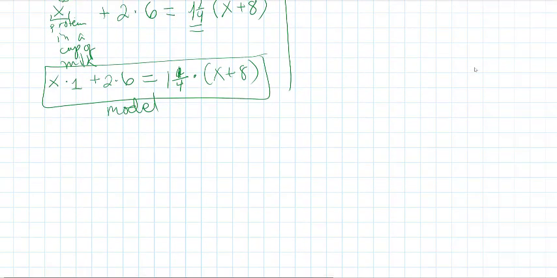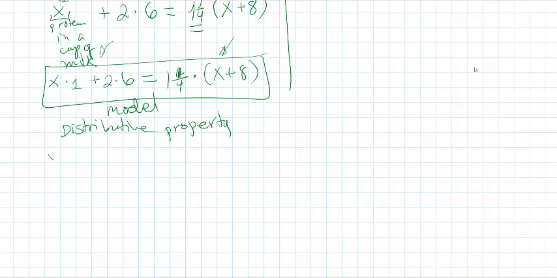It doesn't look that complicated, but it does have the variable on both sides of the equation. The first thing we like to do is to simplify, and we will do that by using the distributive property. The distributive property for opening parentheses.